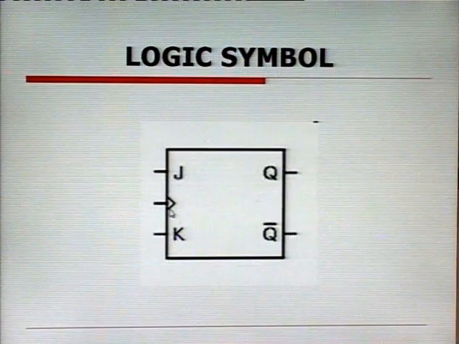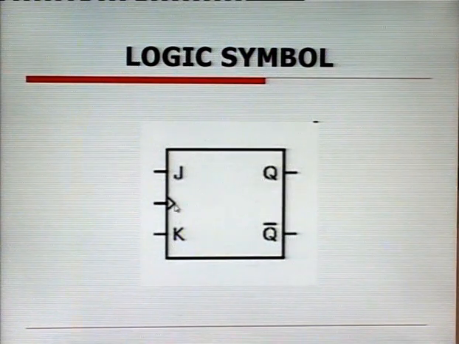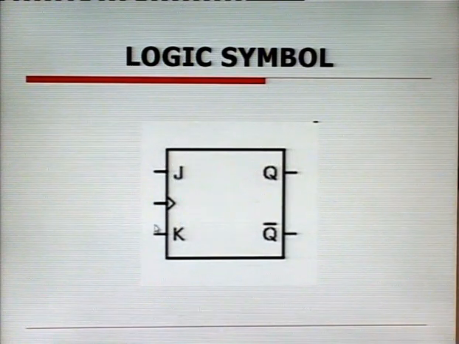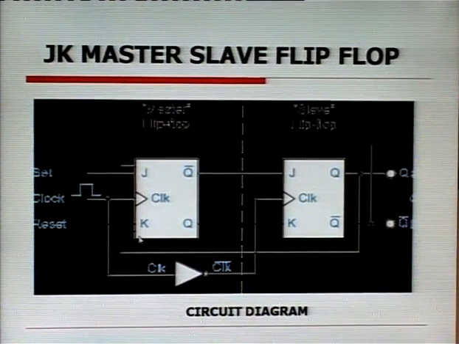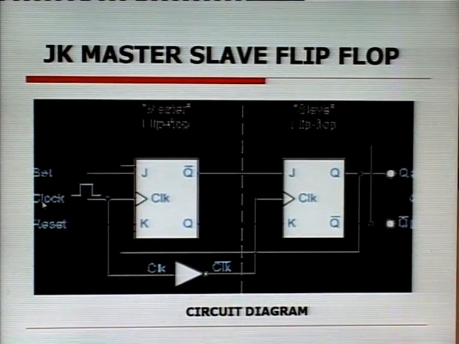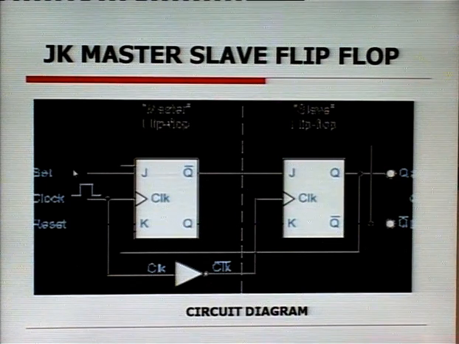A small triangle on this input shows edge triggering, and it is a positive edge triggered JK flip flop logic symbol. Now, as I told you in the previous slide, in the working of the JK flip flop, when both inputs are 1, it goes into the toggling mode.